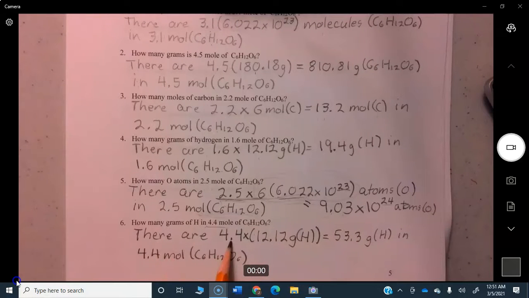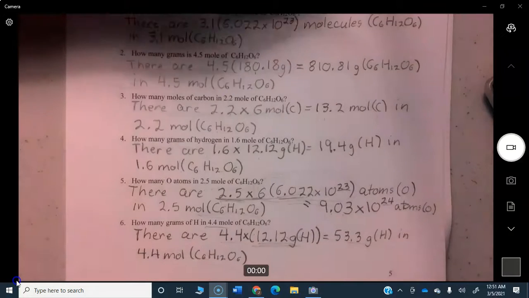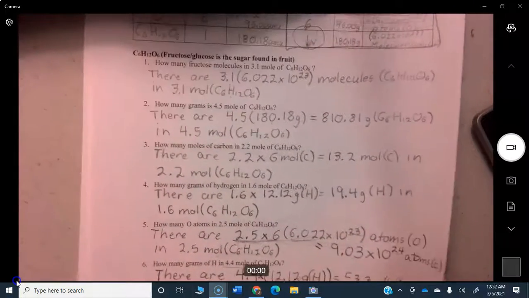Okay, so there's 4.4 times 12.12 grams. This is how many grams in 1 mole of sucrose. So there's 4.4 times that many grams in 4.4 moles of sucrose. Okay, and that takes care of that problem.